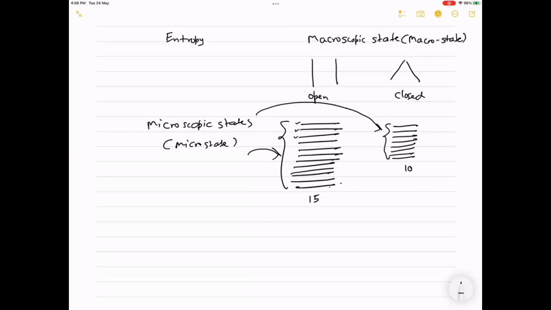All right. So by counting the number of microscopic states corresponding to a given macroscopic state, we can calculate the entropy. And entropy is given by the formula S equals Kb ln W, where W is the number of microstates. And this is the entropy of a macroscopic state.